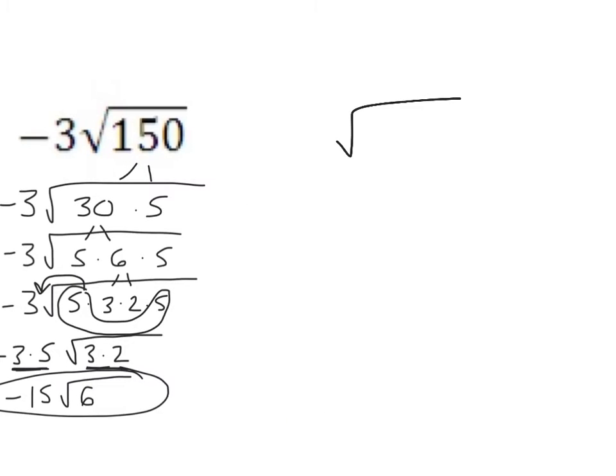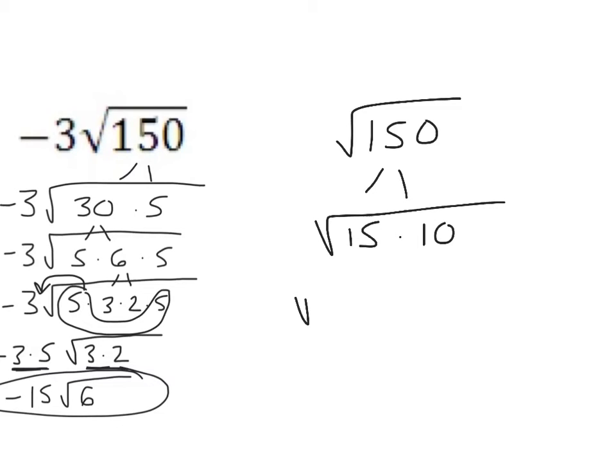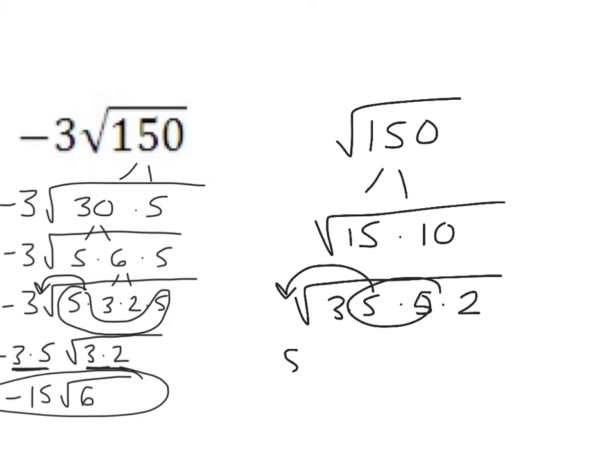If we had square root of 150, we would do 15 and 10. What can 15 break down into? 3 times 5. And what can 10 break down into? 5 and 2. So we have a pair of 5's that we take out, and we're left with a 3 and a 2. So we multiply the stuff on the inside and we get 6.